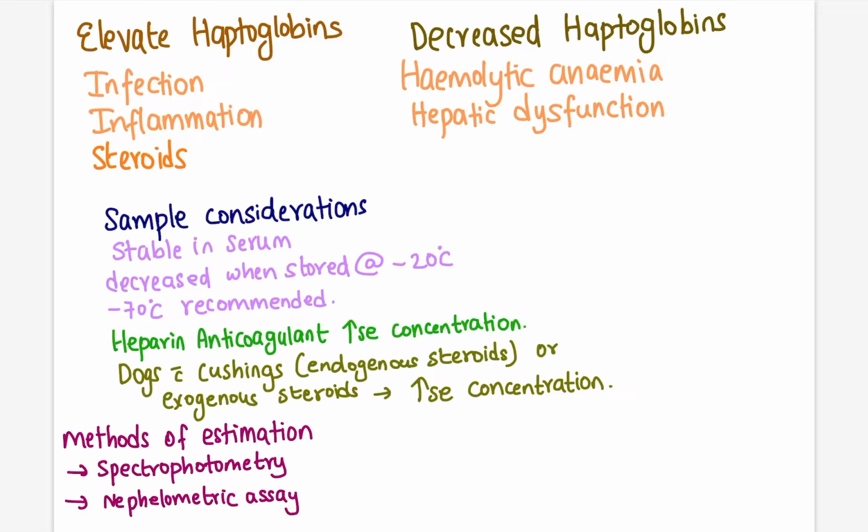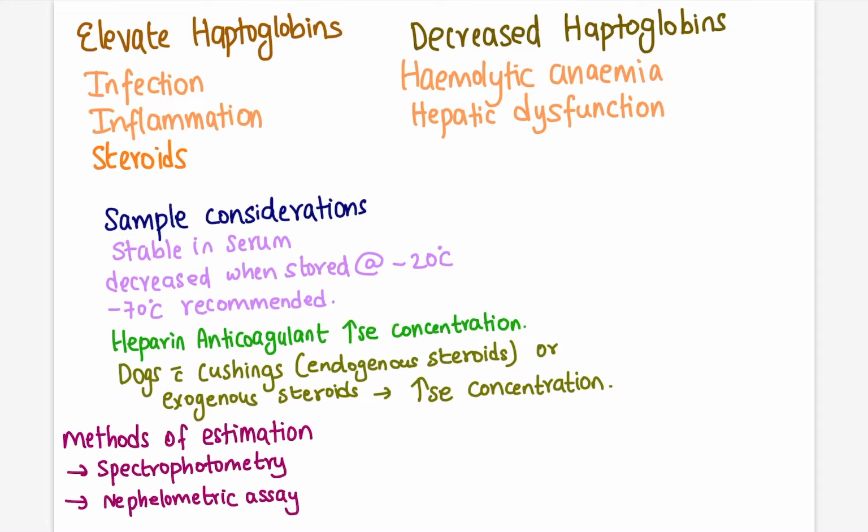So haptoglobins are commonly increased during infection, inflammation, and steroids. Steroids in the sense it can be both endogenous and exogenous steroids. Haptoglobins are severely decreased in hemolytic anemia and hepatic dysfunction. In hemolytic anemia, due to excessive free hemoglobin, the amount of haptoglobin that is available in the circulation will go and bind.